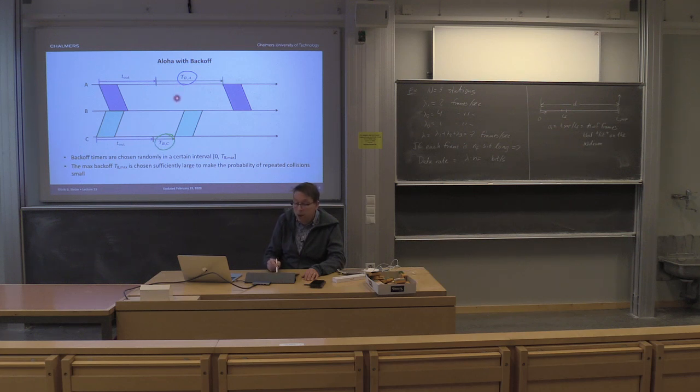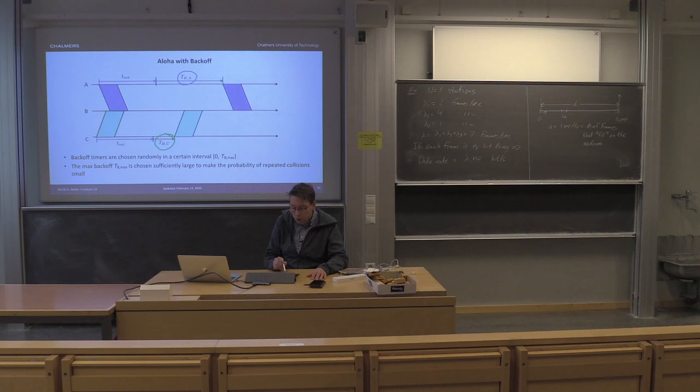And with a little bit of luck, these are so different that the collision is resolved. It's no guarantee, there could be a collision depending on the outcome of these random delays, but if the range of the random delays is large enough, we can resolve these collisions. We'll talk more about how to choose them so we resolve these collisions in a good way.